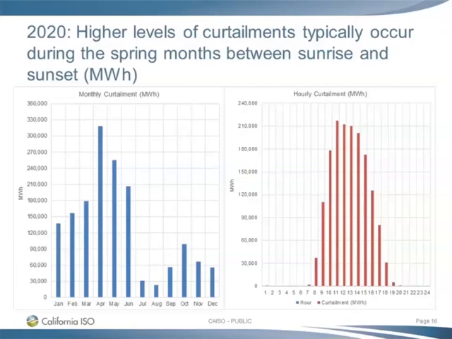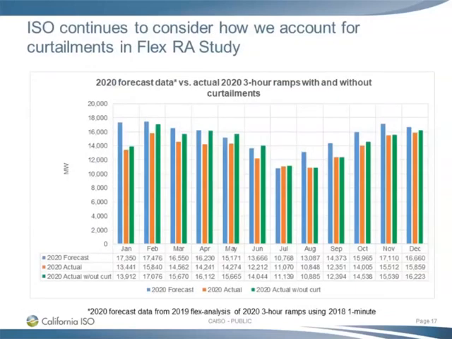So the last slide before I stop for questions is slide 17. Now, if we take the renewable curtailments that we actually curtailed by hour, you factor that back into the actual 3-hour ramps. You can see the green is what you end up with.